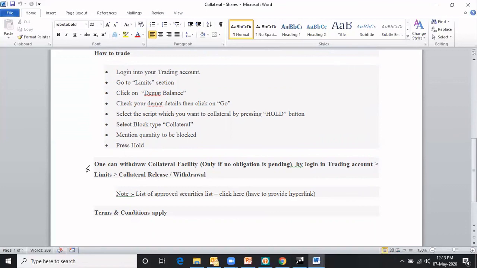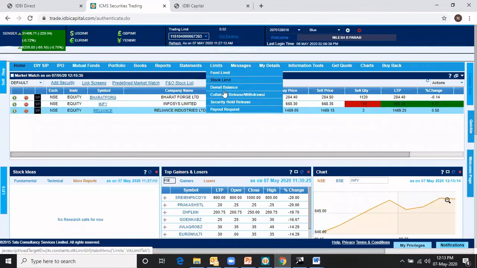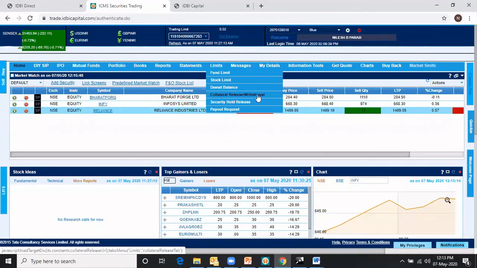You have to withdraw it by this option, which we were just discussing, collateral release or withdrawal. Okay. So this is collateral which I wanted to discuss with you.